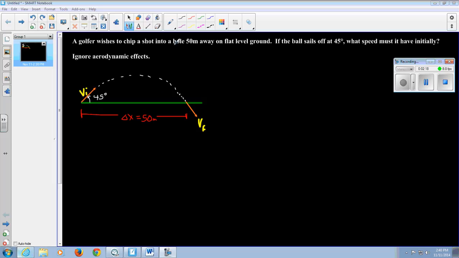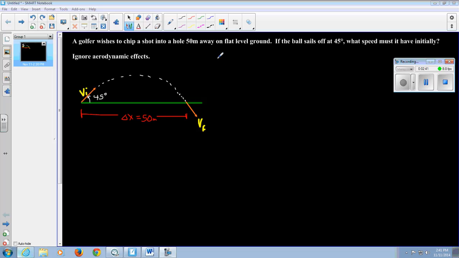And it appears that I don't really know anything else about the x direction. I don't know how much time this takes. I don't know the initial velocity in the x direction, the final velocity in the x direction. I don't seem to know much of anything.